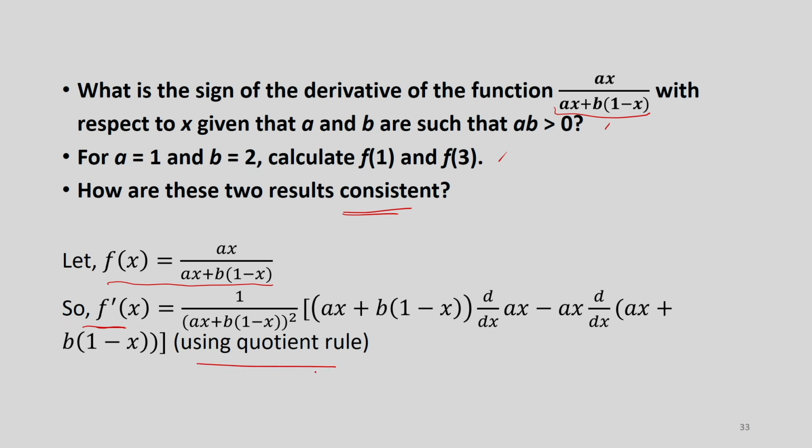What was the quotient rule? 1 divided by the square of the denominator, a x plus b multiplied by 1 minus x whole square, multiplied by the denominator a x plus b multiplied by 1 minus x, multiplied by the derivative of the numerator, that is d dx of a x, minus the numerator a x multiplied by the derivative of the denominator, that is d dx of a x plus b multiplied by 1 minus x.